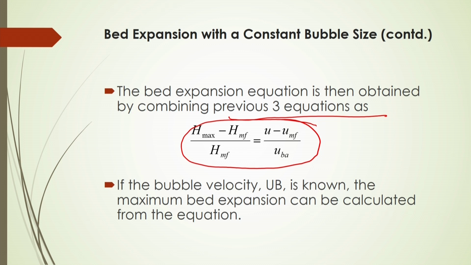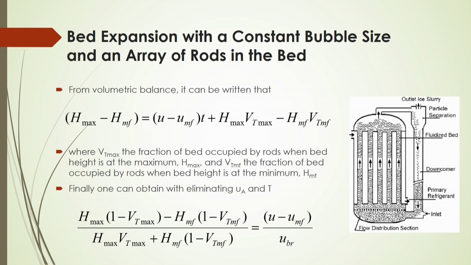If the bubble velocity u b is known, the maximum bed expansion can be easily calculated from this equation. Now, bed expansion will of course change if you disturb the fluid movement inside the bed by means of any mechanical device.